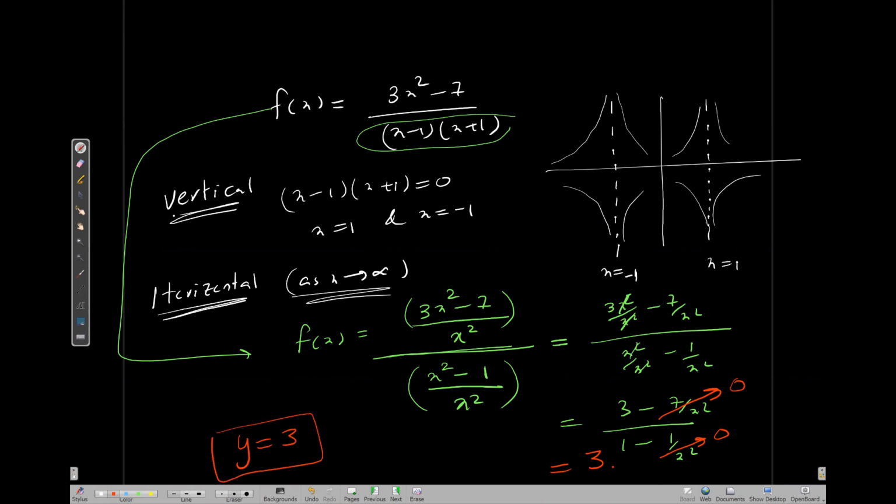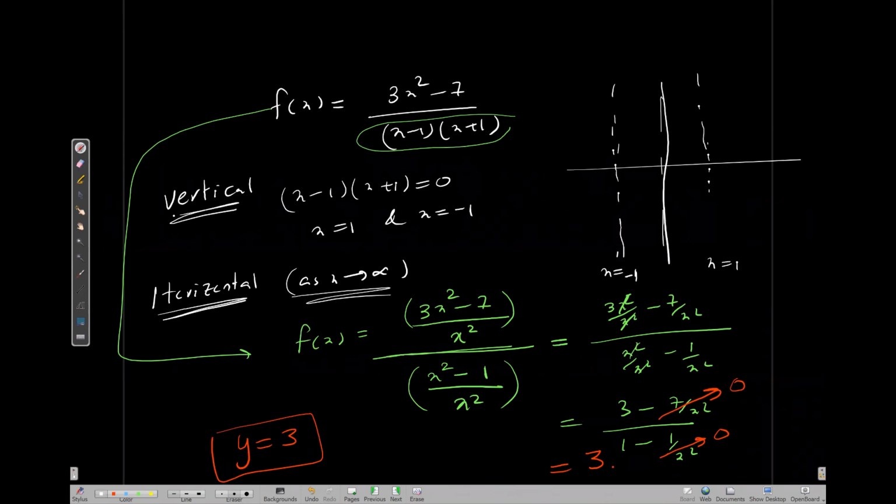So now we know, we can erase these things. Still, we don't know the exact shape. We have to do some work to draw the exact shape. Now let me draw solid lines. Let me use red color for horizontal asymptotes, and green color for vertical. Your graph will not touch any of these lines.